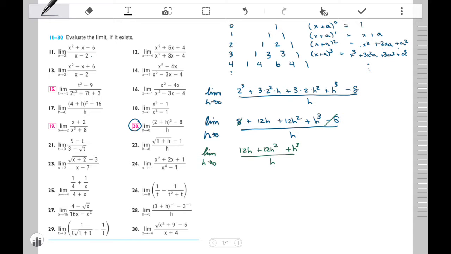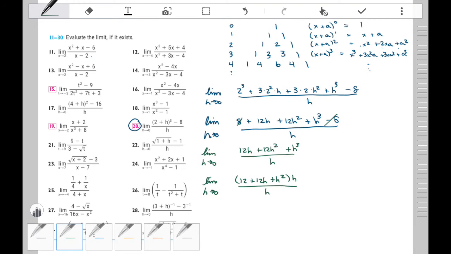We could cancel off an h on the top and the bottom of this fraction, and we could be left with an equivalent equation that we could actually sub in the value. We can see that we can do that. Each term has an h. So we have the limit as h goes to 0 of (12 plus 12h plus h squared) times h, divided by h.